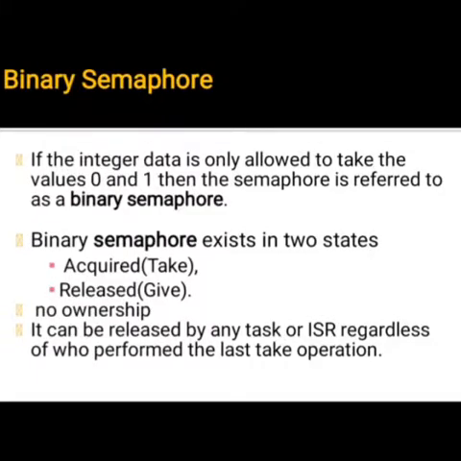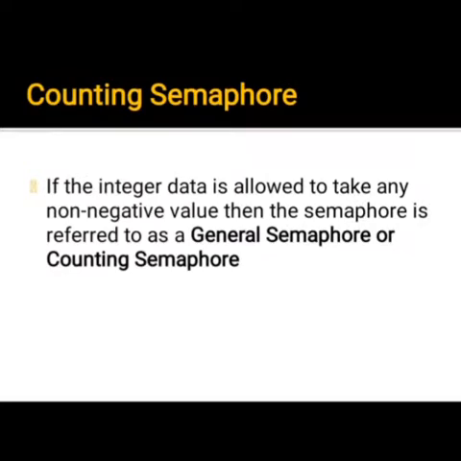Now we'll move on to counting semaphore. To handle more than one shared resource of the same type, counting semaphore is used. Counting semaphore is an unsigned or signed integer that can be taken till its value equals 0 and is initialized to a high value.